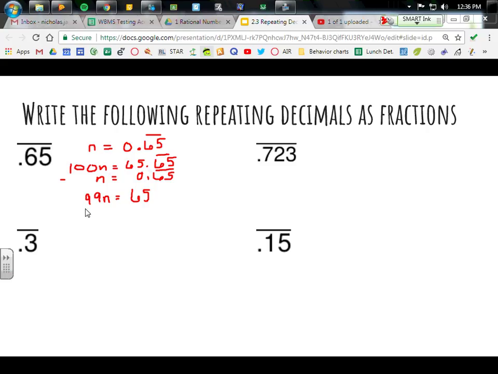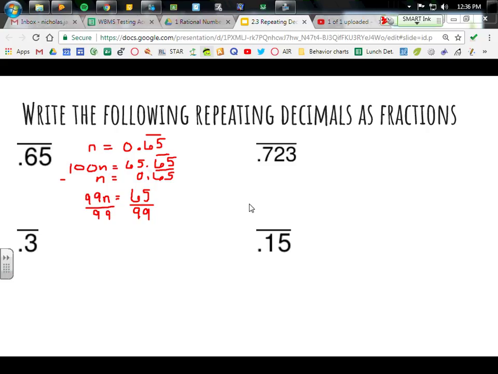Finally, I would divide by 99, and I would get 65/99. As far as I know, that does not simplify. So that's all there is to it.